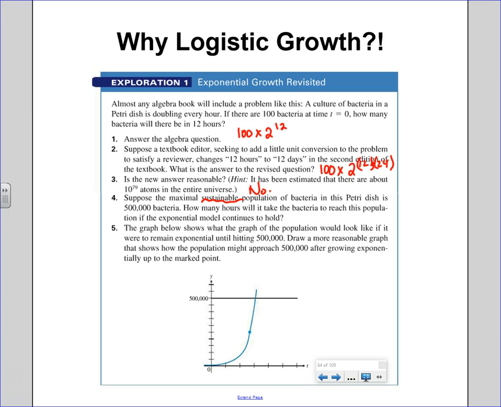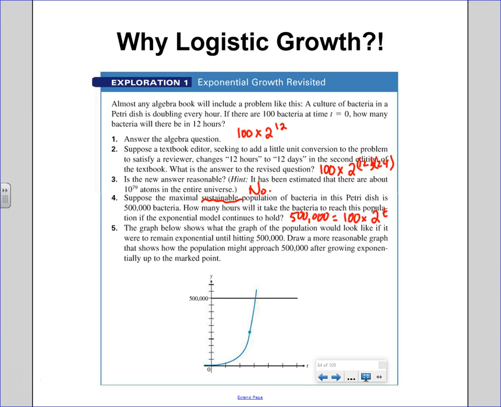Suppose the maximal sustainable population of bacteria in this petri dish is 500,000. How many hours will it take for the bacteria to reach this population if the exponential model continues to hold? Now, without going too crazy, yes, we could solve that. We would set 500,000 equal to 100 times 2 to the power of t, since we're just doing doubling.